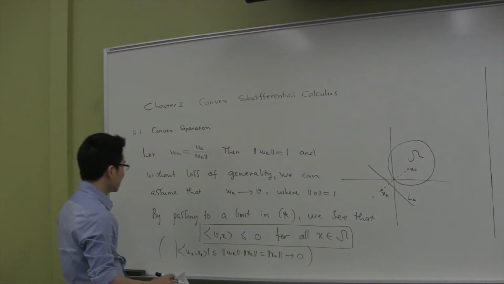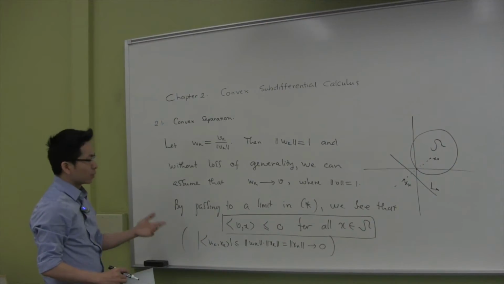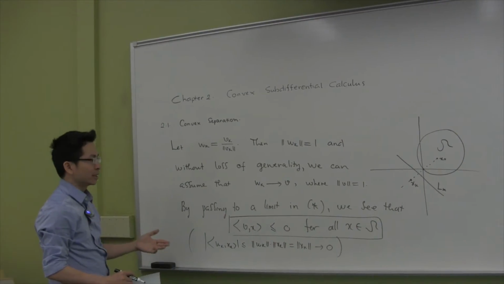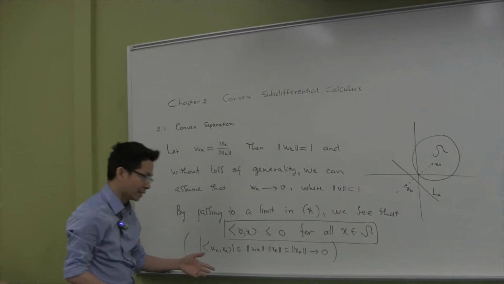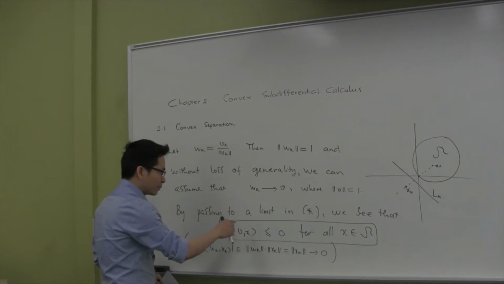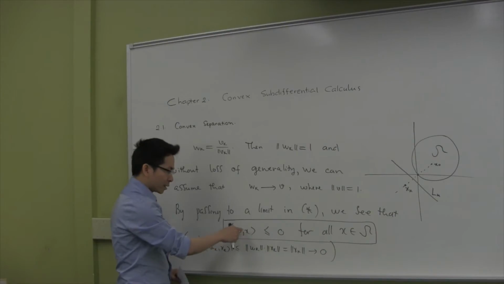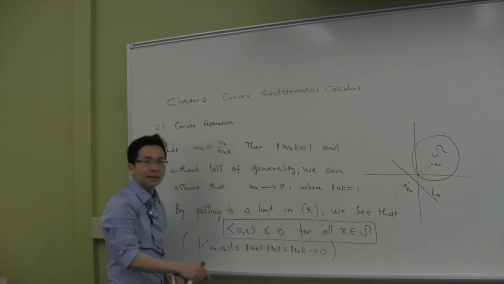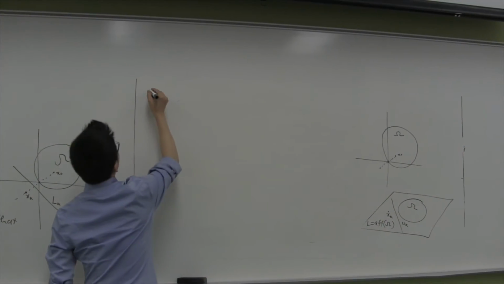So what else do we have to prove? Now we have to prove the second property in the separation property of Omega and 0. That means we have to show that there exists some point x bar in Omega so that this inequality is strict.